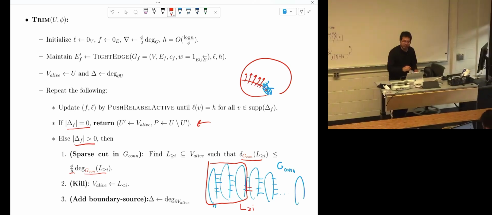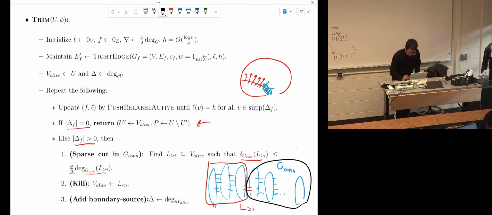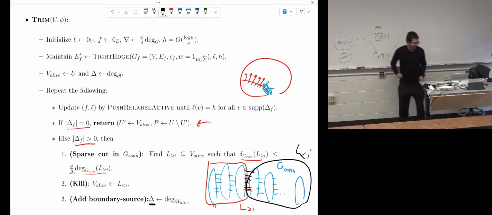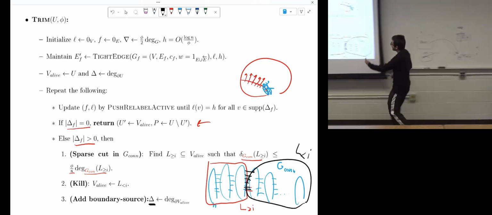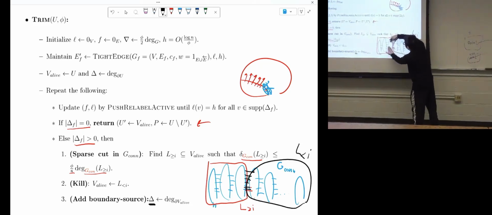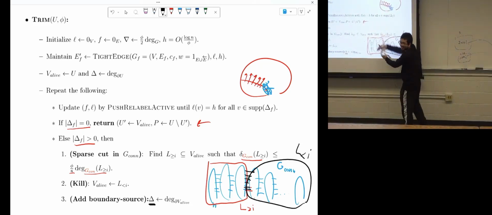I set my new goal, which is that this part is the new alive part. And so the new source should be only from edges of the battery of the new alive part, it just tries to send flow from the new battery.